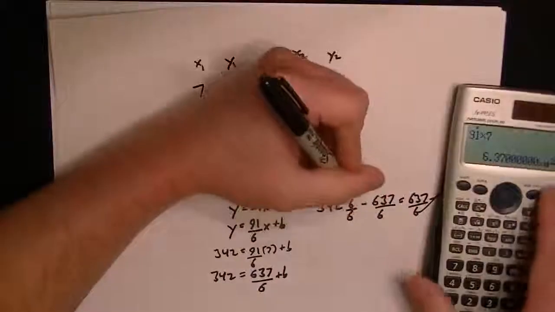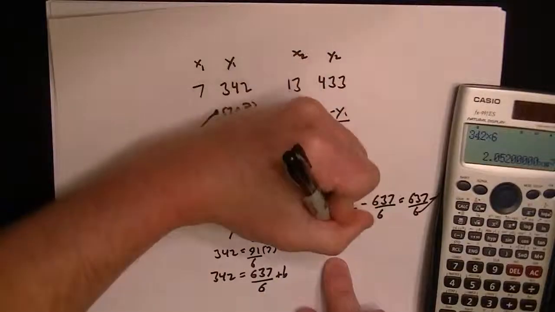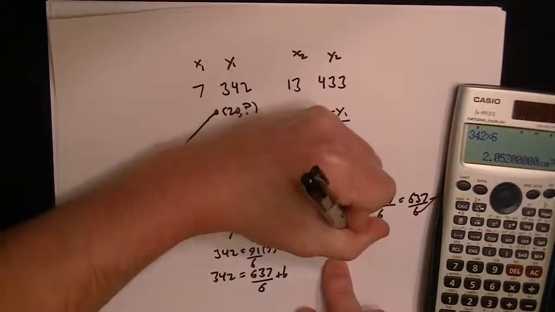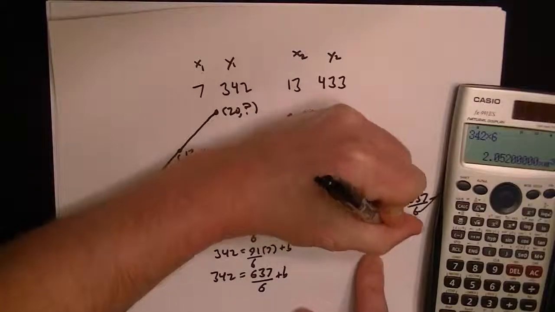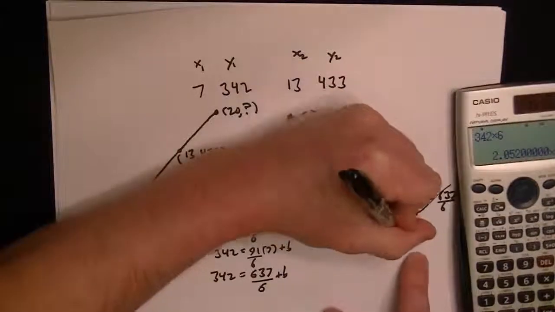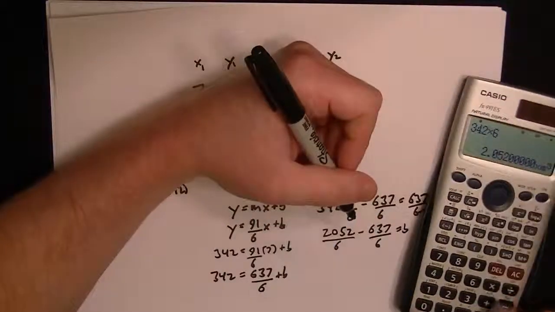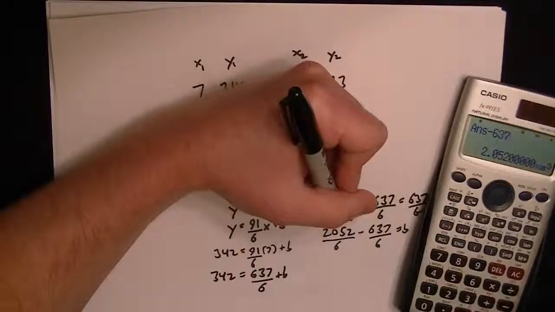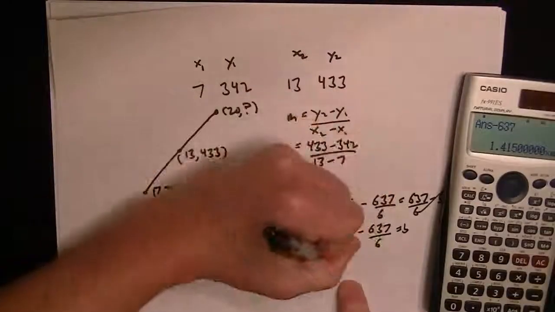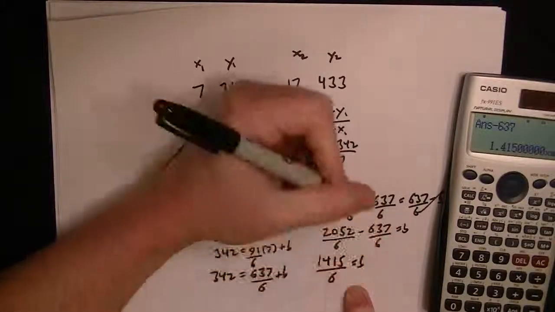And now 342 times 6 is going to be 2052 over 6 minus 637 over 6 is equal to b. Since they're both over 6 now, I can just subtract: 2052 take away 637 gives 1415 over 6 is equal to b.